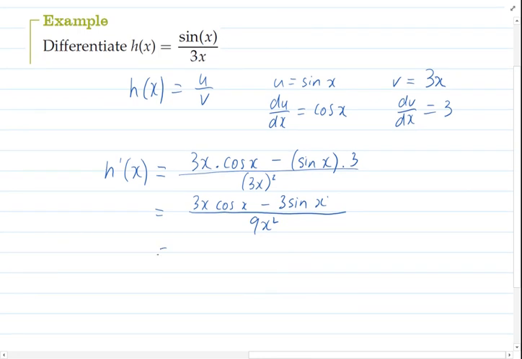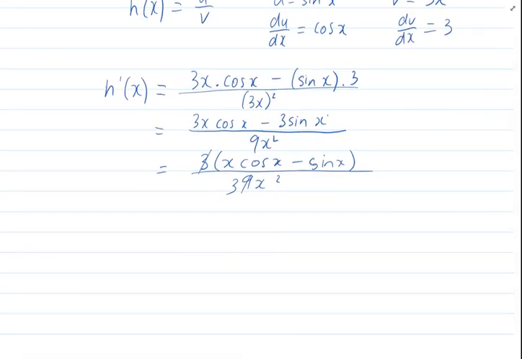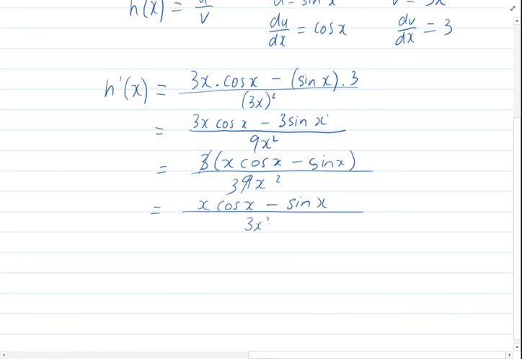Let's take out a common factor out of the top. So we've got 3 bracket x cos x minus sine x all over 9x squared. And so we can simplify our 9 and our 3 a little bit. And so a fully simplified answer is going to be x cos x minus sine x all over 3x squared.